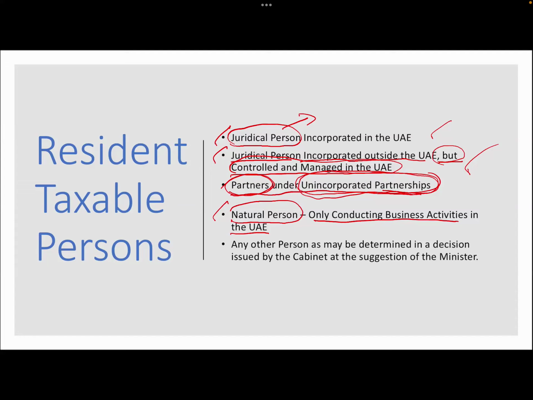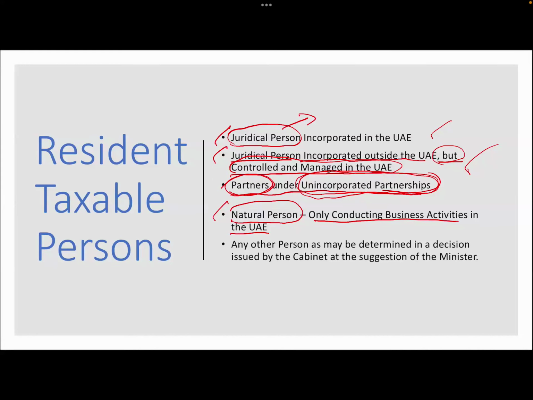But don't worry, for them there is a set of different rules, which we will be speaking more about in our upcoming videos, or probably in this slide as well. So for now, just remember natural persons are taxed, but only if they are conducting business activities in the UAE.